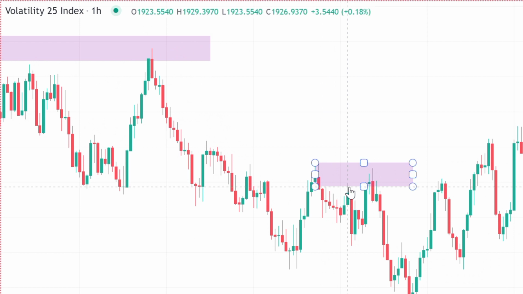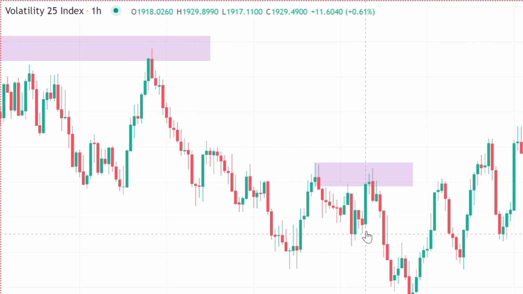After price mitigated it a little, it still came and tested the order block, then went down to a certain level. If it wasn't mitigated, I think price would have gone down much more. But yet it was still valid because it has an FVG and leads to a break of structure.